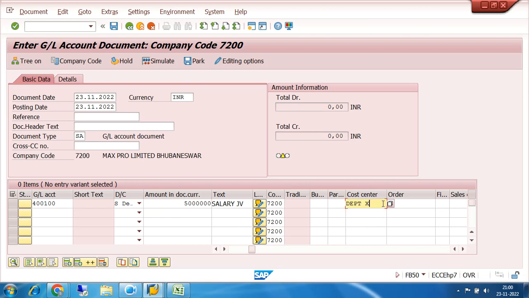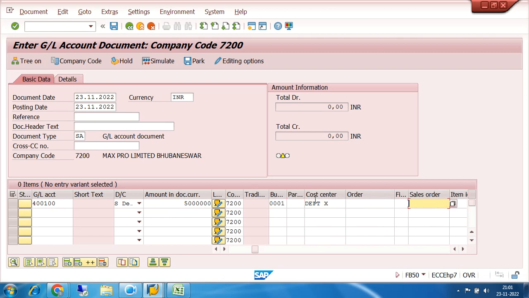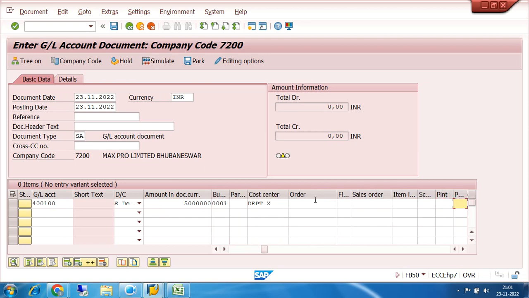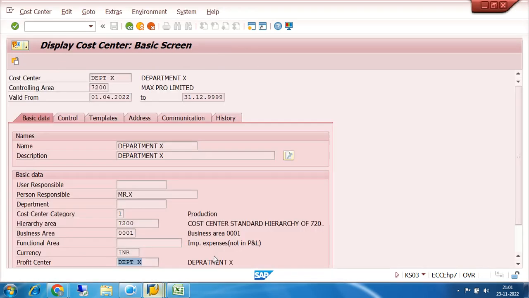Automatically the transaction will be copied to business area 0001, as well as automatically copied to the profit center DPTX, right? Why? Because in the master data itself I have made the linkage. Cost center, business area, profit center, these are linked, right?